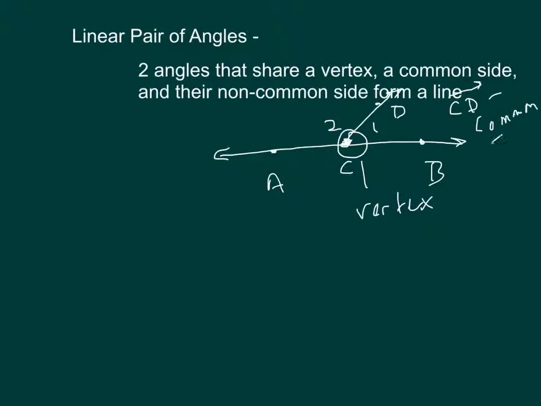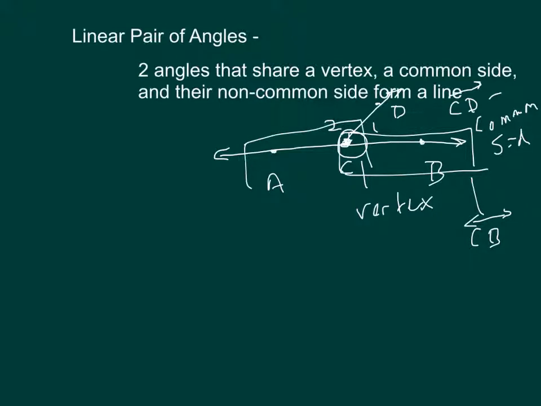For angle 1, line CB would be the non-common side that forms that line. And for angle 2, line AC forms the non-common side. So we have here in angle 1 and angle 2 a linear pair of angles.